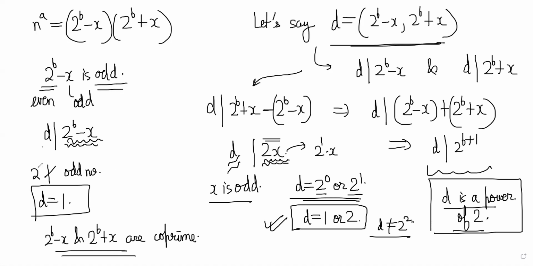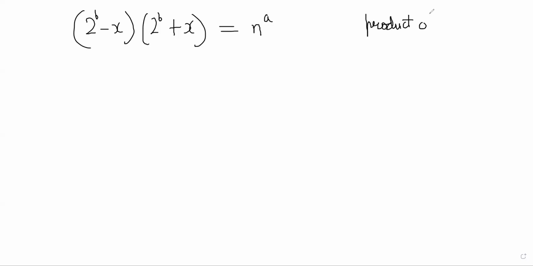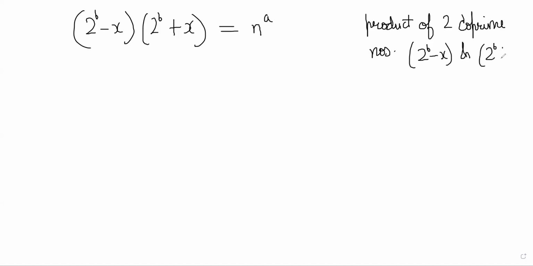Now we use the same property that we have used earlier today as well, and in a previous class we had proved this. So we are getting this, and we are saying that the product of two co-prime numbers, which are 2^b − x and 2^b + x, is the a-th power of an integer.